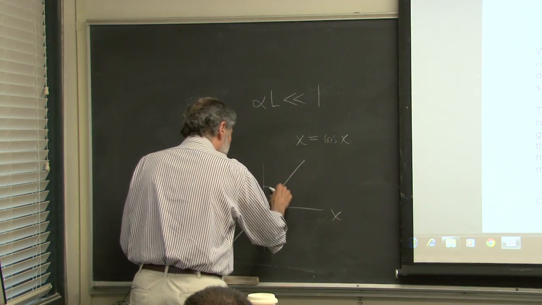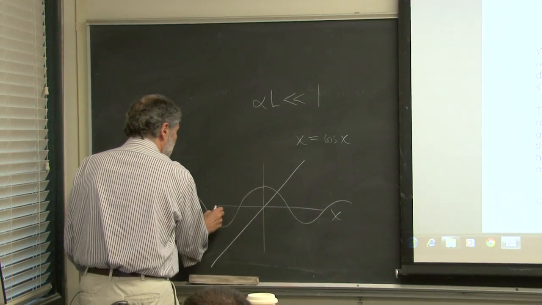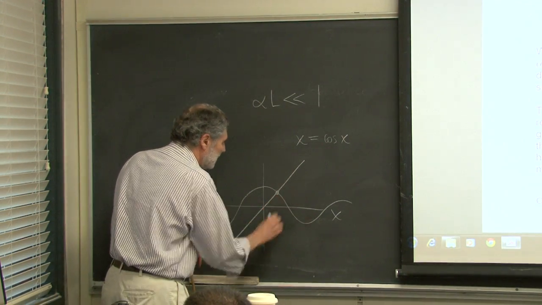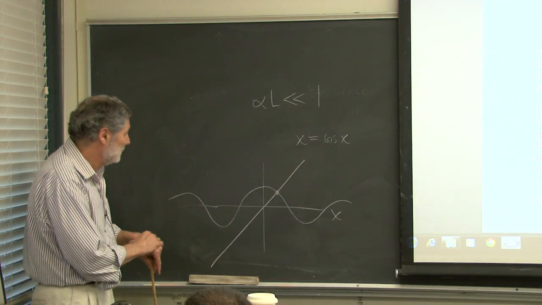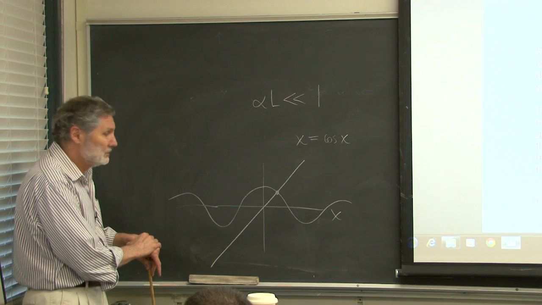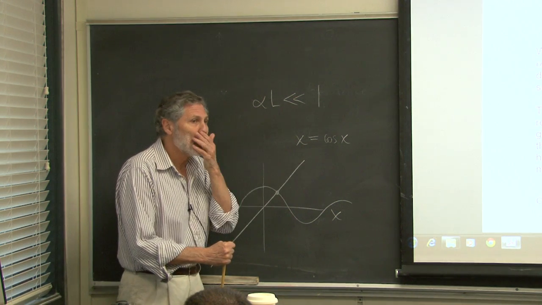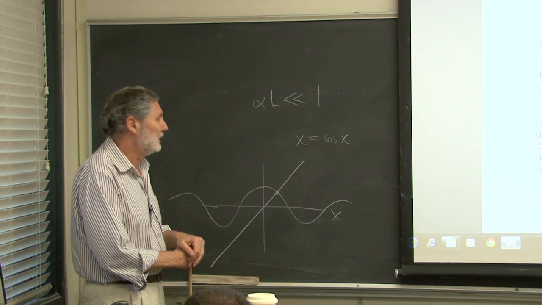Well, it looks like this. So this is a very useful approach. This tells me that there's going to be one solution here. It's going to have a solution. And once you try to find it, you quickly realize that you can't do it analytically.